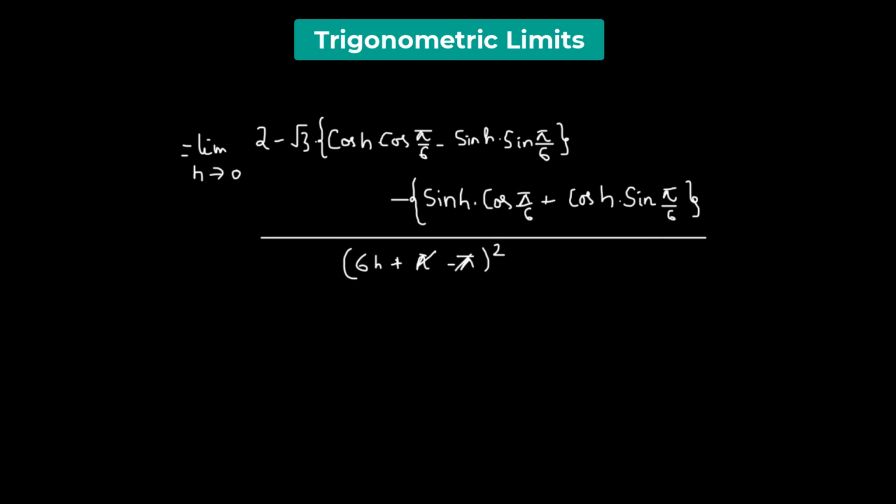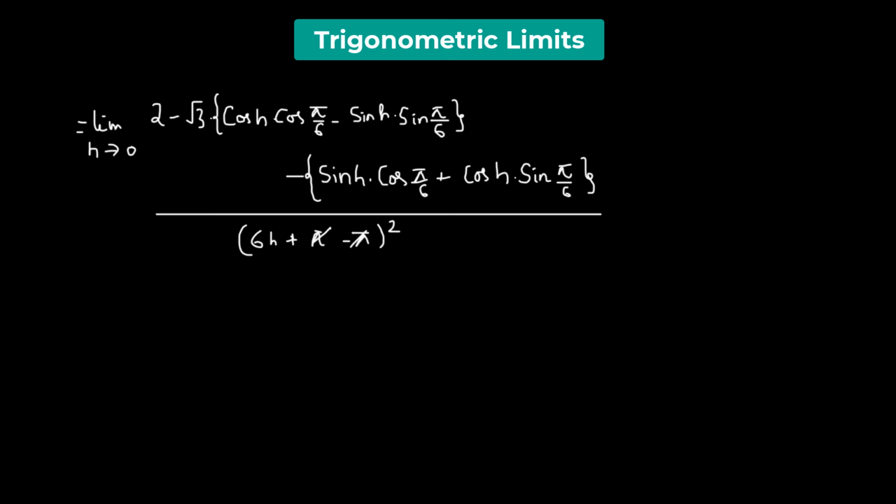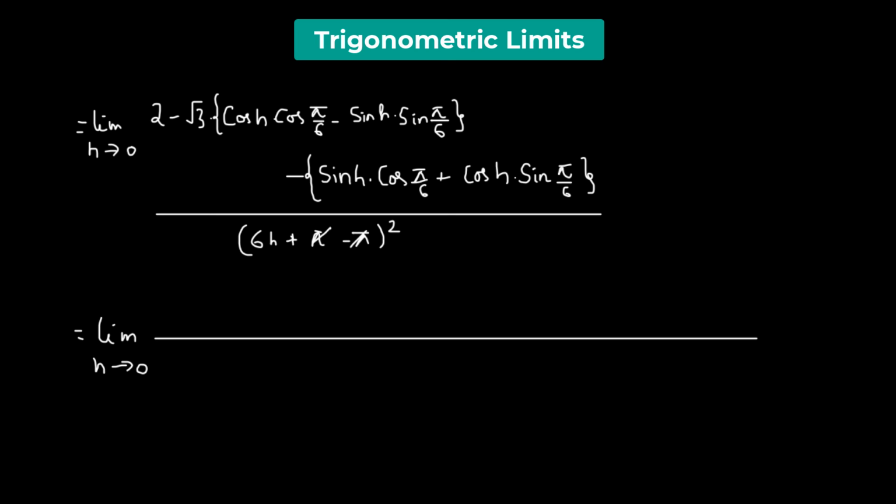So now we'll need some more space here. This will be equal to limit h tending to 0, 2 minus square root of 3 times cosine of h times cosine of pi over 6, which is 30 degrees.